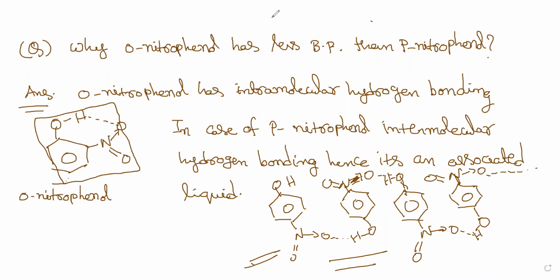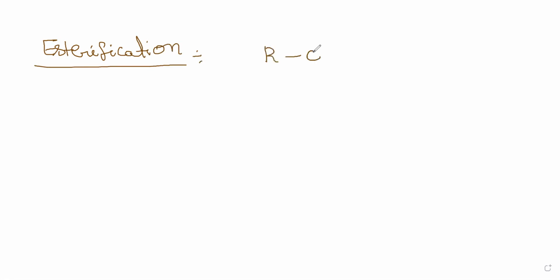Okay, ma. Let's clear this. Now the next one is called esterification. What is esterification? Ester means it is like this group, RCOOH unit. Instead of hydrogen, if I put an alkyl group R here, that is called an ester.